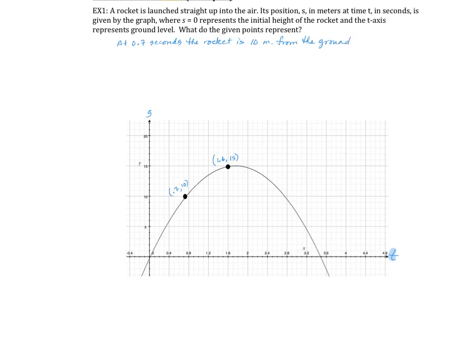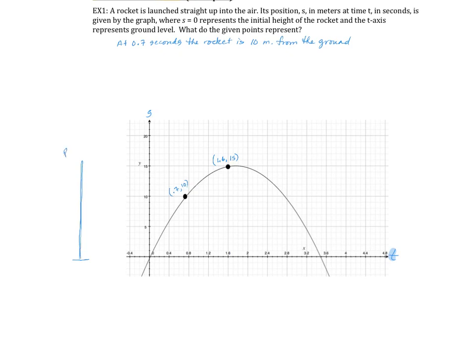When we look at the path of this rocket, it's not that parabola shape. That's not its path. That's just giving you, for any t value, its height or its distance from the ground. The actual path of the rocket is going straight up and then it comes straight down, and then it hits the ground.